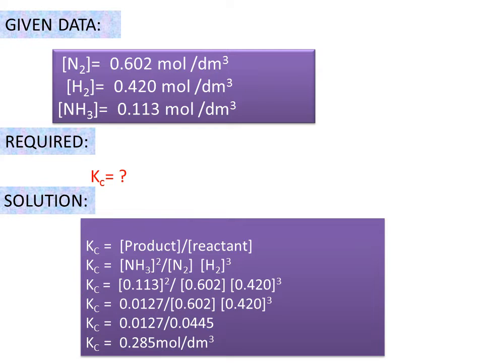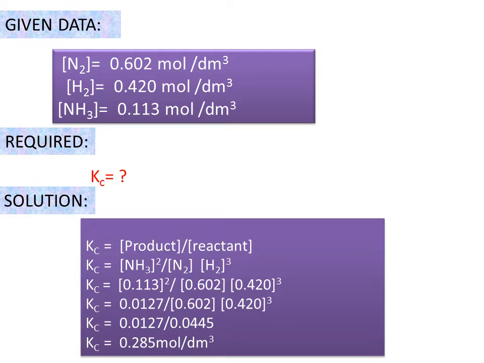So look at this, Kc is equal to concentration of product whole square, because we have 2 moles of ammonia, divided by concentration of nitrogen, concentration of hydrogen. As we have 1 mole of nitrogen, we will not put any coefficient here, and 3 moles of hydrogen, so we will write the 3 as a coefficient for hydrogen.